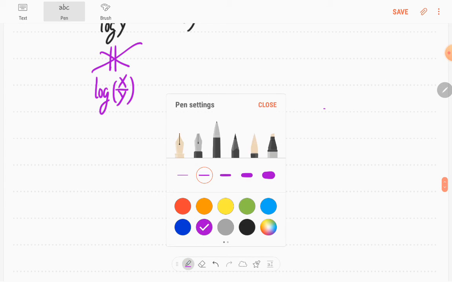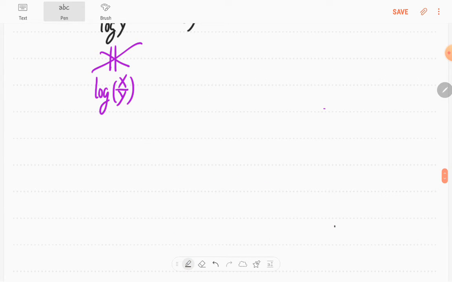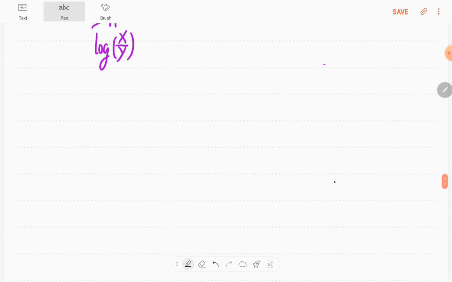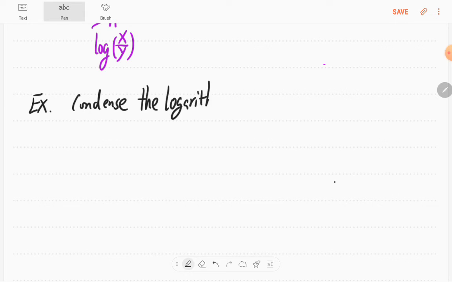So the next example is we want to condense the logarithmic expression. That means we want to combine into a single log function.